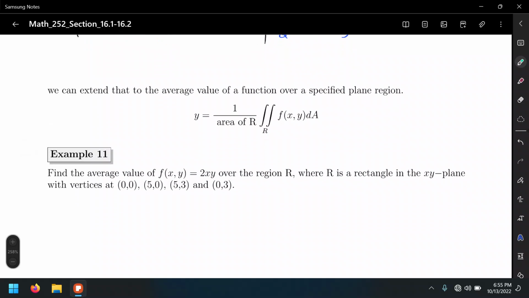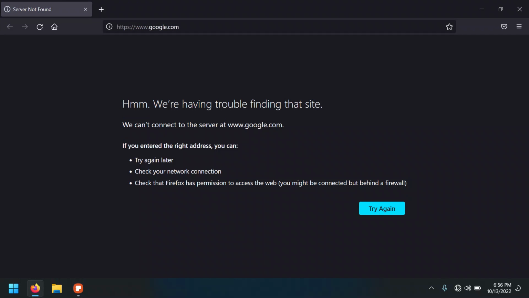So let's find the average value for f of x, y equals xy over the region R, where R is a rectangle in the xy plane with vertices at (0,0), (5,0), (5,3), and (0,3). All right, so let's sketch the region first.